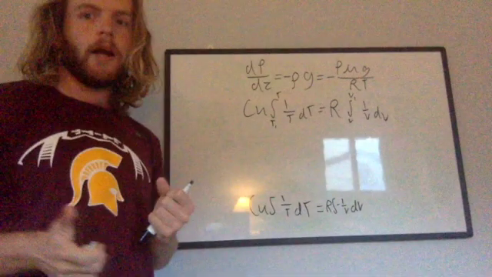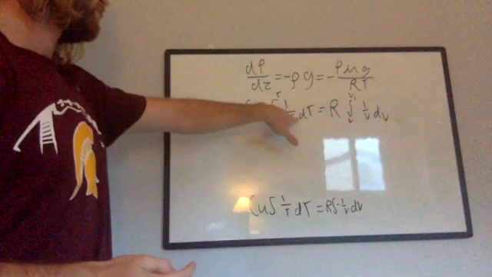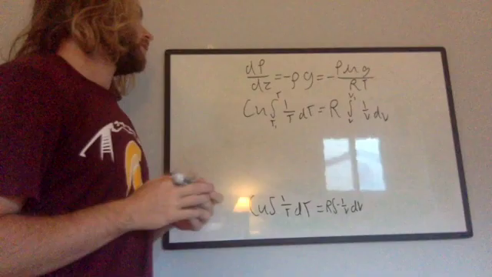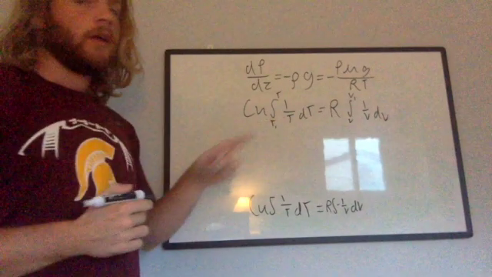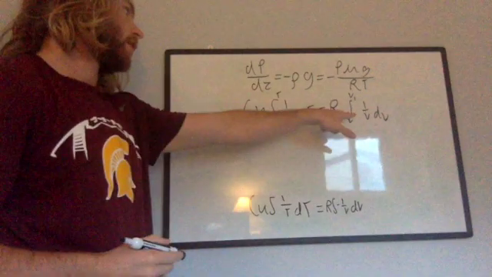Alright, and now we're going to go ahead and integrate this out. So the integral of 1 over T is pretty much just going to be the natural log of T over T1. And it's going to be the same thing over here.